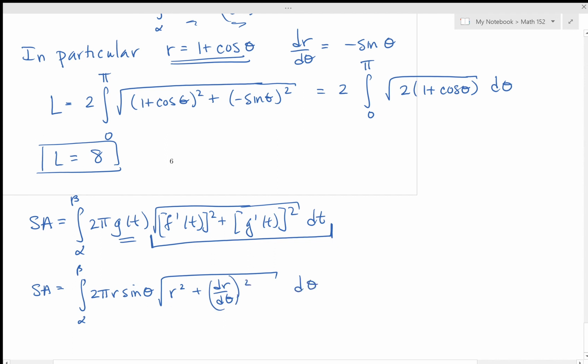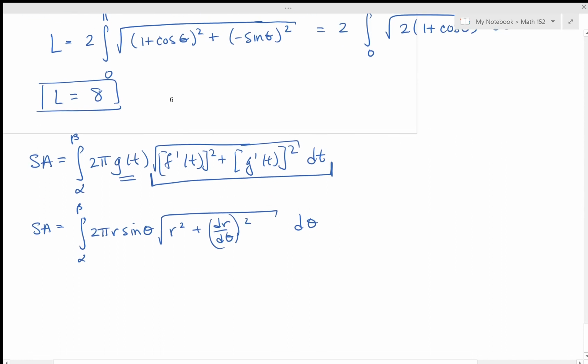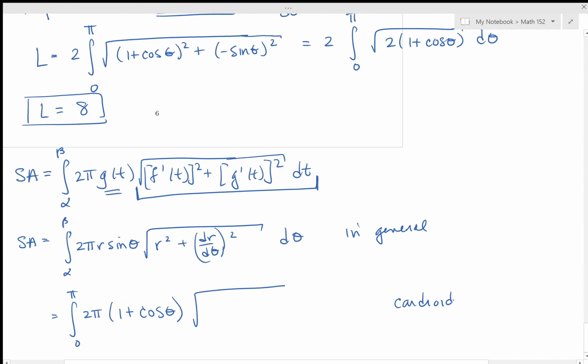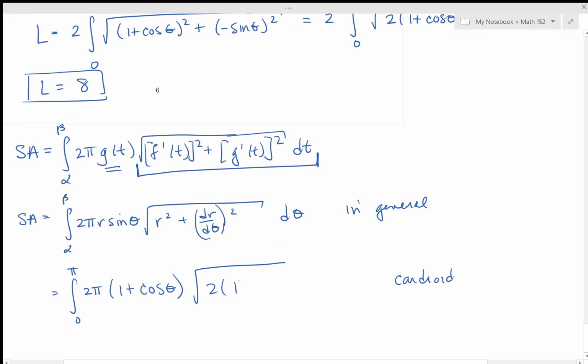Okay, so then I can fill in what I need to do here: I'm going to go from 0 to pi of 2 pi, and what is r? r is 1 plus cos theta. So this is in general, and then this is for the cardioid. And then we've already figured out what this thing is. It's 2 times 1 plus cos theta d theta.